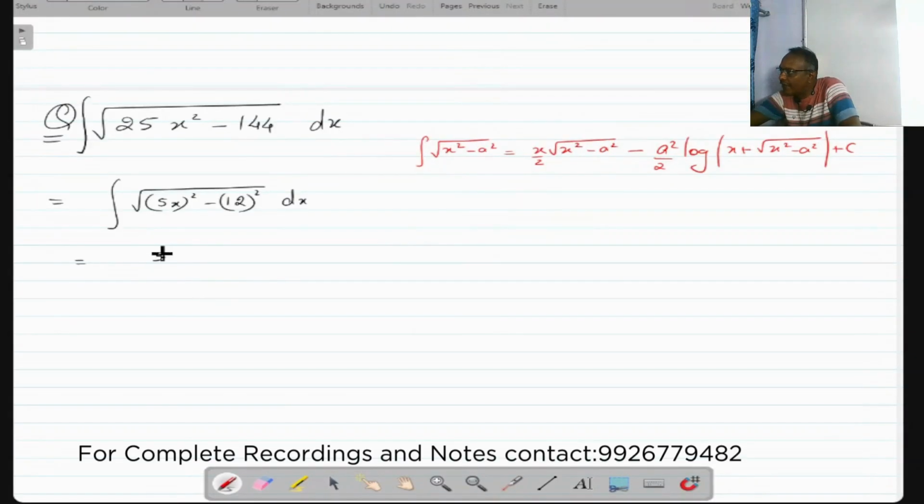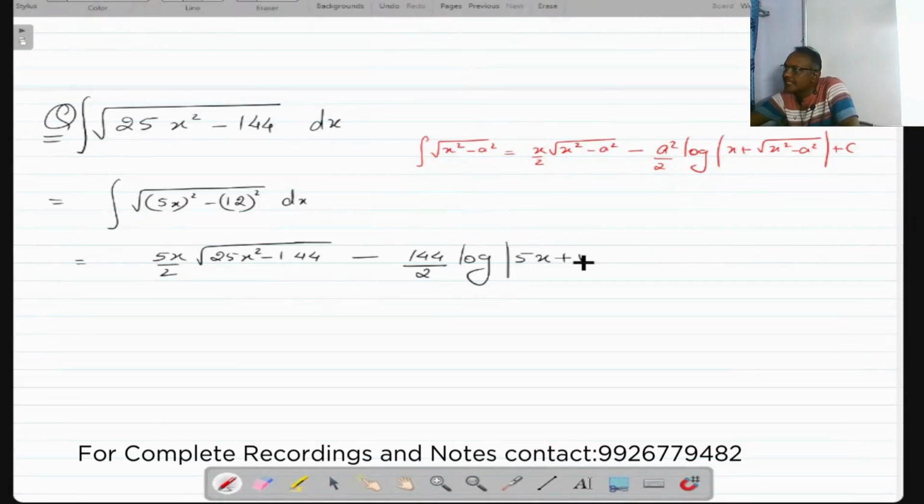I'll write down 5x by 2 root over 25x square minus 144 minus a square. So 12 square is 144, by 2 log of x. I'll write down 5x plus root 25x square minus 144.